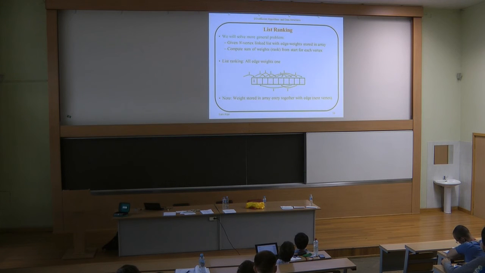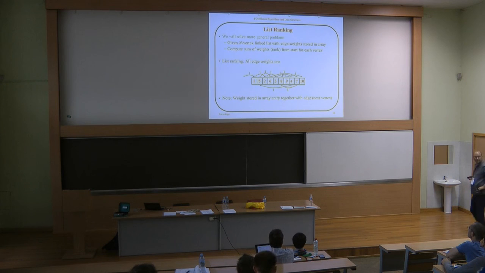So if I try again here, I'm summing up the weights all along the way, but since they're all 1, I get list ranking. But some of these could be 2s or 3s or 27s, and I want to sum up the numbers along the list. Problem clear? I have a linked list, weights on the edges. I want for each node to compute the sum of the weights from the beginning to that node.